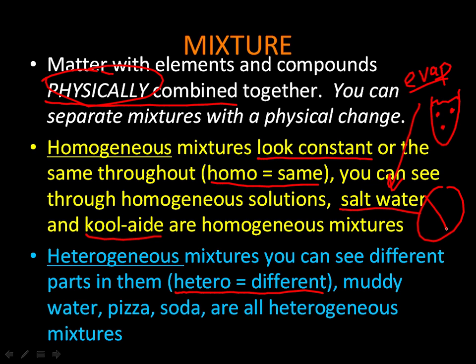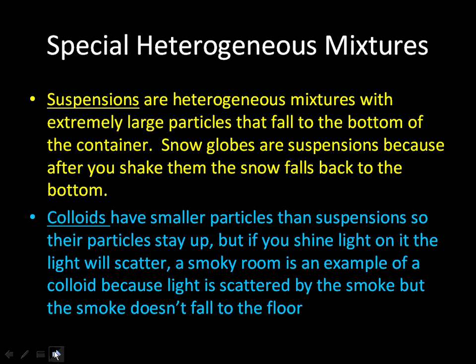When you look at a pizza, you can see pepperoni and cheese and the crust, everything looks different. Or soda. When you have a soda can, there's little bubbles in the soda can. You see gases within the liquid. Heterogeneous mixtures do not look constant. They look different throughout. And in fact, we separate out heterogeneous mixtures into two further categories.